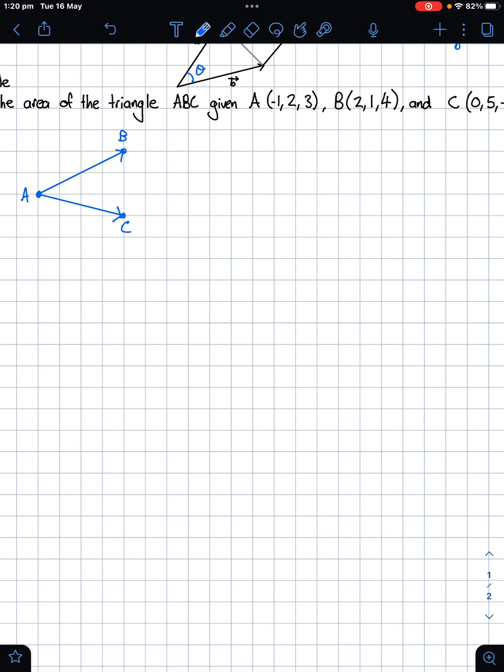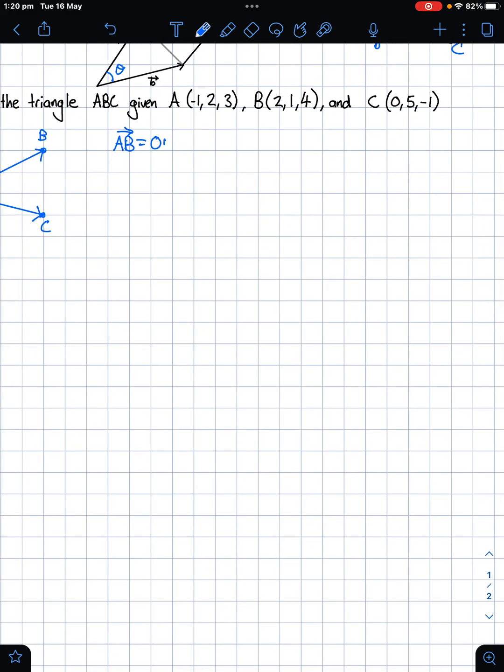Okay, and A to B is going to be equal to, I probably should just put this in, it's OB minus OA if you're remembering the formula, which means that we can just do here, OB is 2, 1, 4, and then we're going to have minus OA is -1, 2, and 3. Now, I'm just bringing this up because last time I went through intuitively how we'd do this.